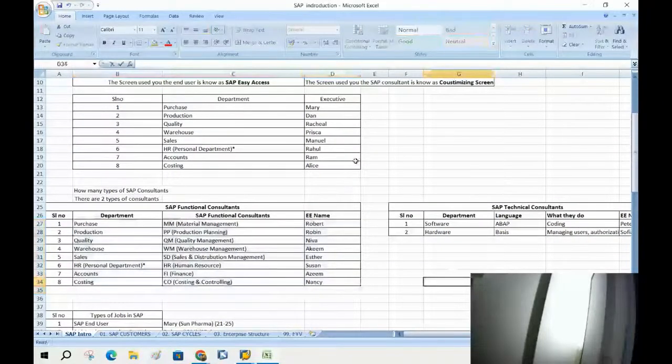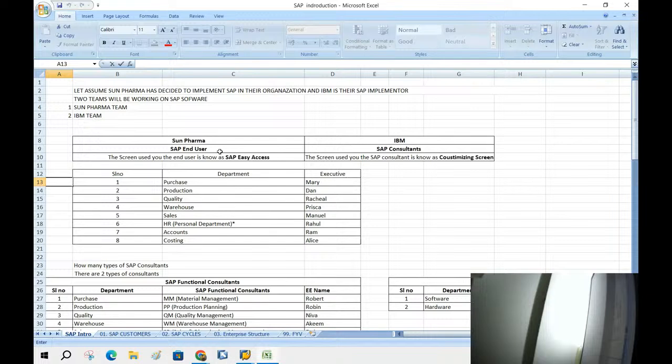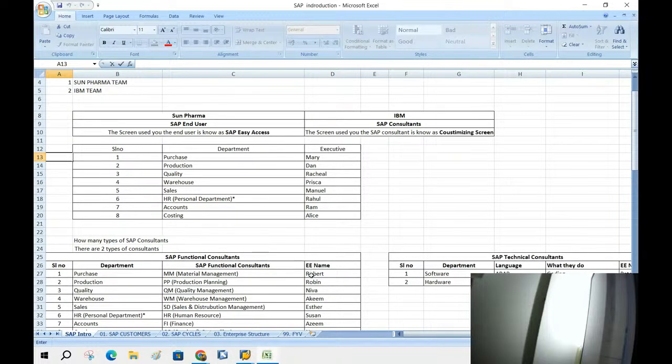Who is going to talk to whom? Mary, sitting in the end user side, is being called the client in the purchase department. Now, when the IBM team approaches the Sun Pharma team for implementation, the SAP consultant Robert will approach Mary for the requirements. When we say customization, as per the client need, we are going to alter something which already exists. Now, what has to be changed?